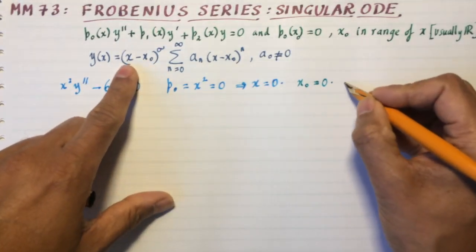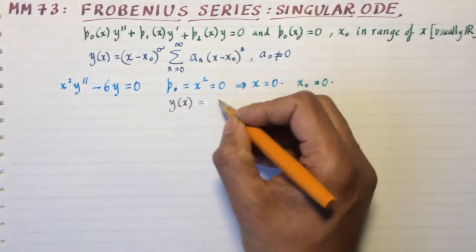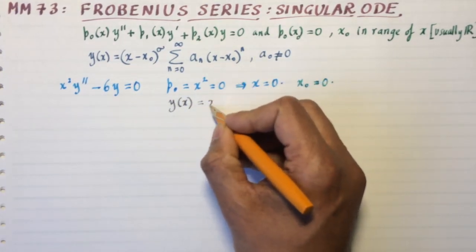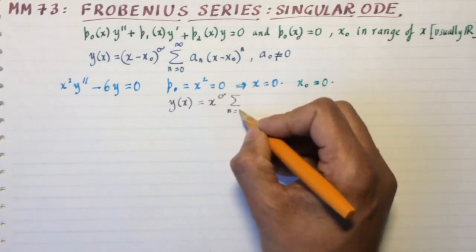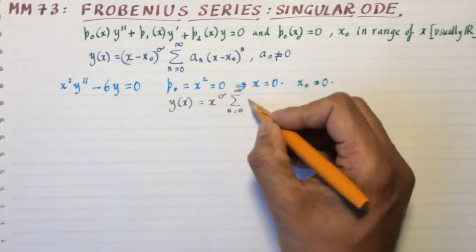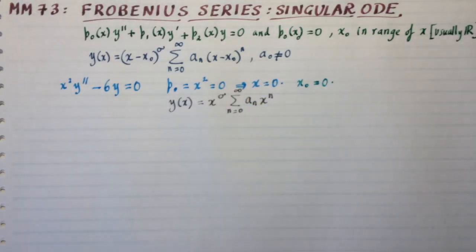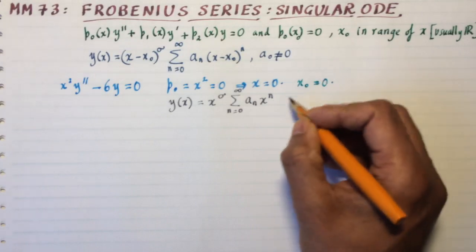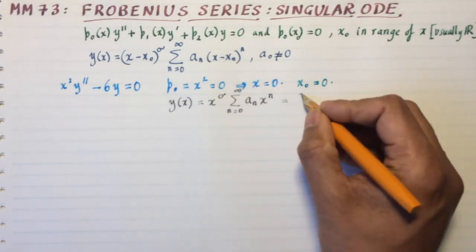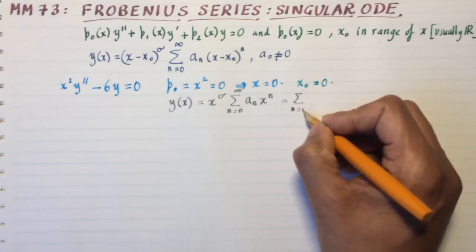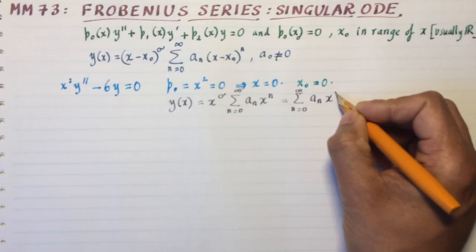So this gives us our ansatz to be y of x equal to x to the power sigma times the sum from n equals 0 to infinity of a_n x to the n. You can bring the x to the sigma inside. Even though it's not a function of n, it can be brought inside. So I get the sum from n equal to 0 to infinity of a_n x to the n plus sigma.